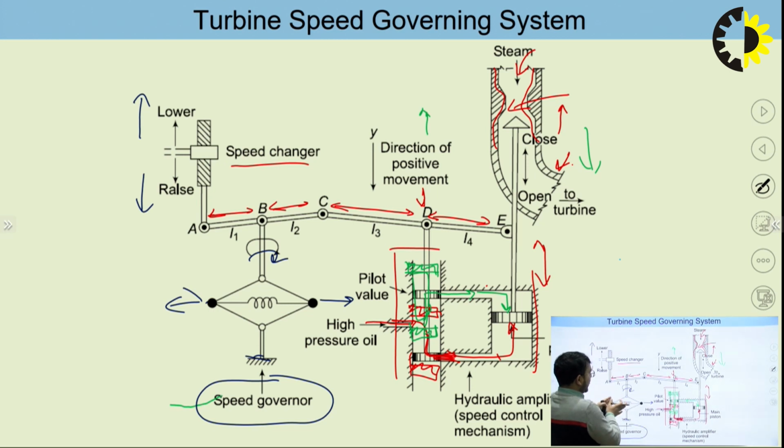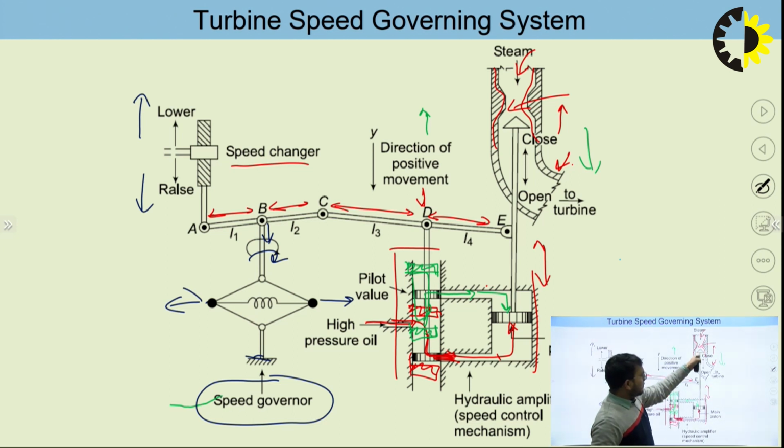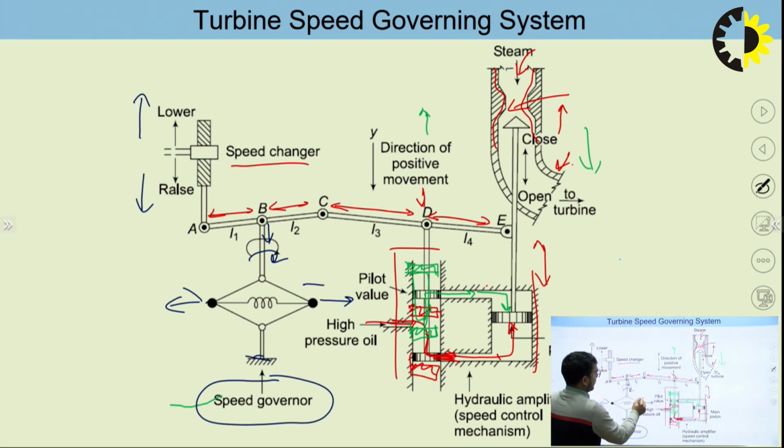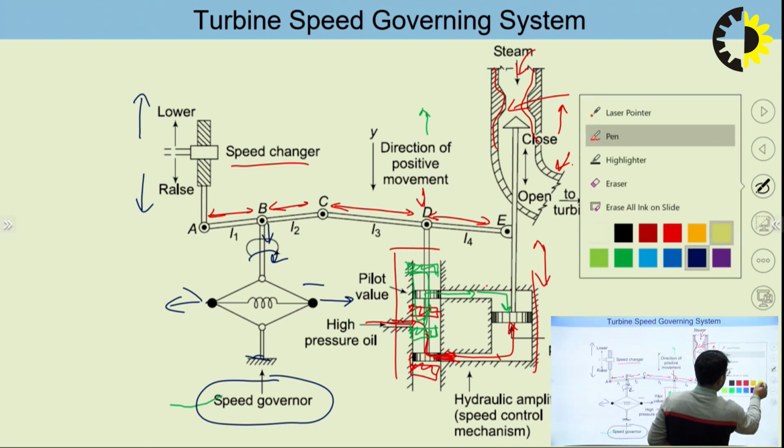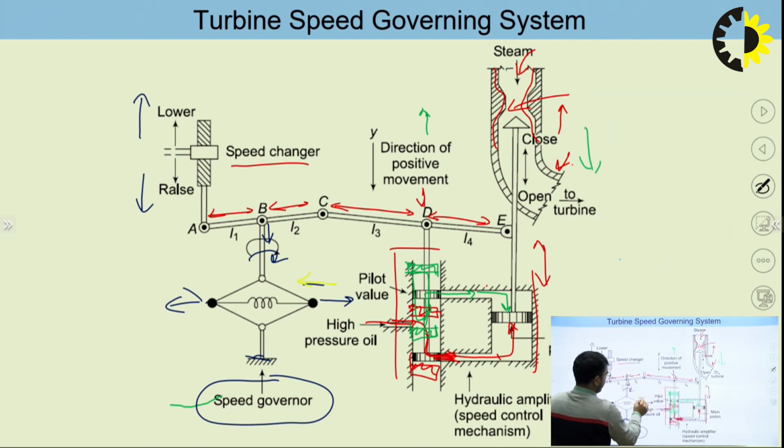and when it moves with the higher speed, it will move apart, and this will drag this point B in the downward direction, right? So when point B is in the downward direction, similarly it will control the operation of this valve. Similarly, if the speed is lower, these balls will contract, and accordingly this point B will move in the upward direction.